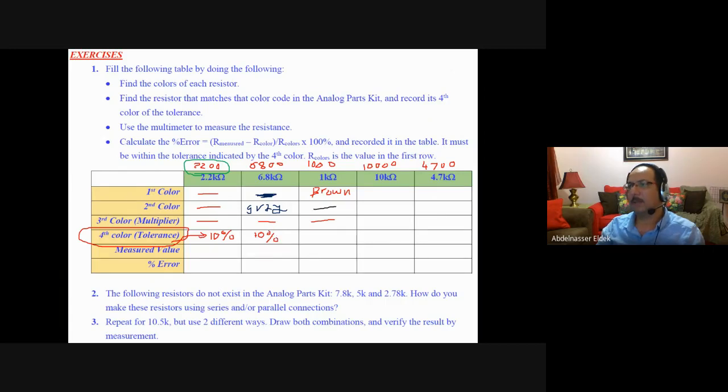Then what we need to do now is to measure the resistance. So, for example, if I want to measure the 10K, you can just connect it to the resistance like this, and look at the reading. Since I cannot do that with only 2 hands, let me connect them.